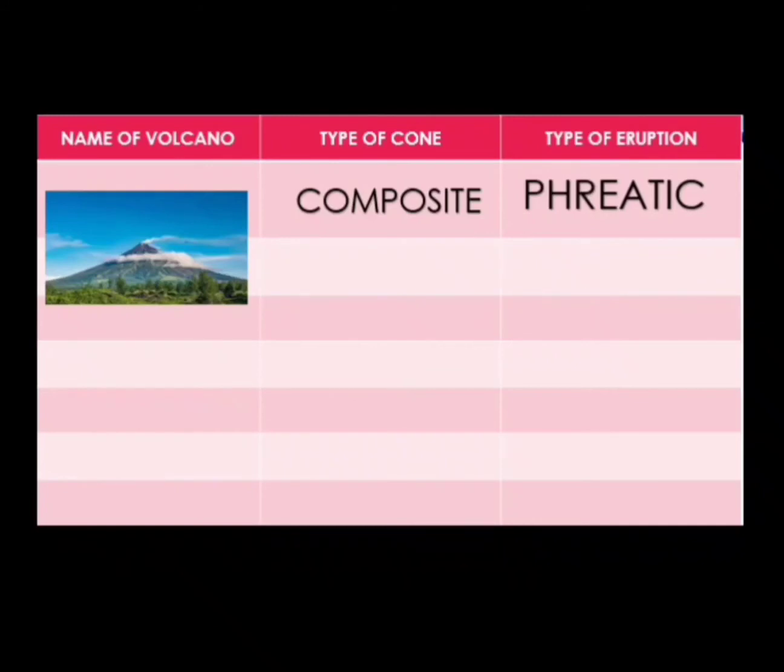Second picture is Mount Mayon in Albay. It is considered as the most active volcano in the Philippines. It erupted 47 times in the past 500 years. Very good! It is a composite type of volcano. And the type of eruption is phreatic.